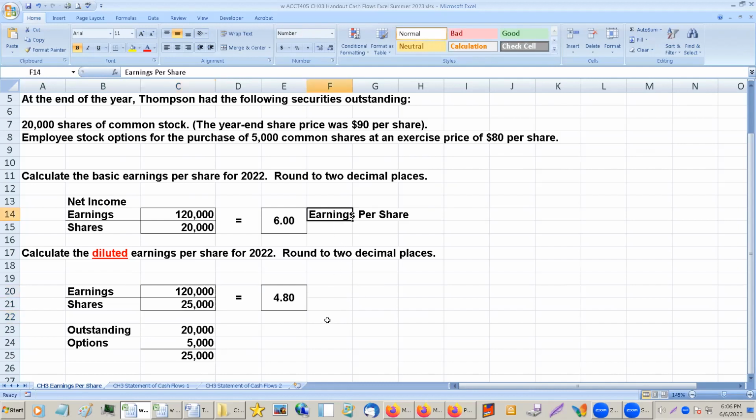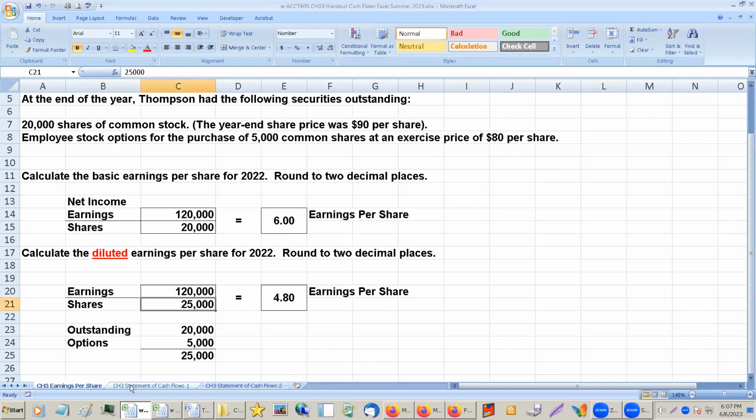So this is the fully diluted or diluted earnings per share. Sometimes when you look at a company's financial statements, they'll say, here's the earnings per share and here's the diluted amount. And the diluted amount says, okay, if everybody exercises these options, what would it be? Now I'm not exactly sure why they have this in this chapter, but they do. So that's the way it goes.